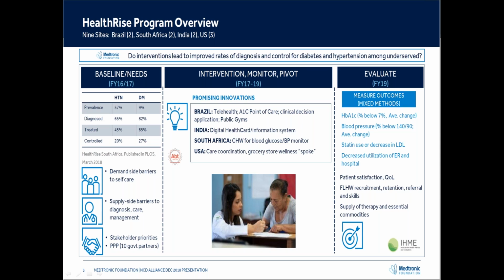But again, just to give you a framework for how the program was developed, we spent a lot of time ensuring that we understood what the needs and gaps were in the geographies in which we were looking to implement. So we did baseline analyses and needs assessments in each of the geographies that we showed you. We came up with sub-state level estimates for hypertension and diabetes prevalence.